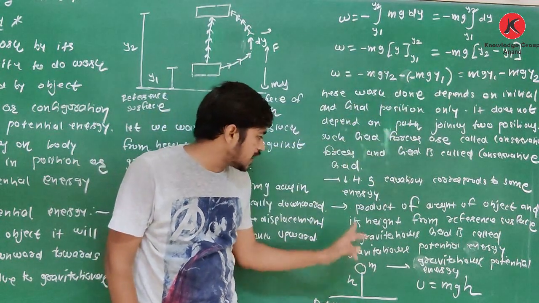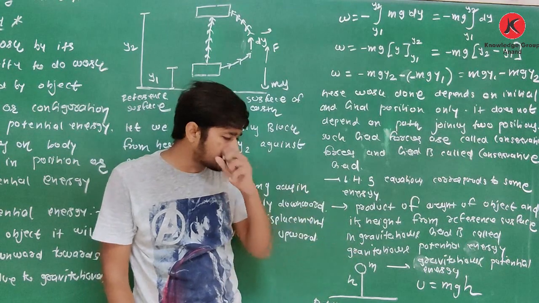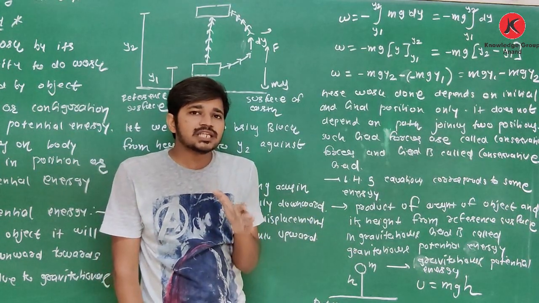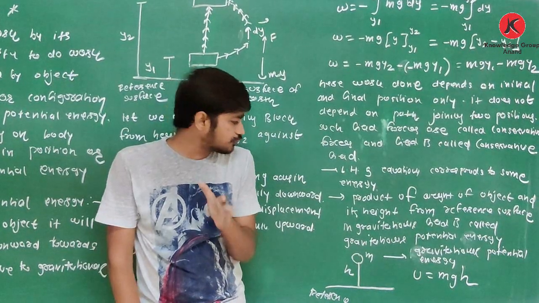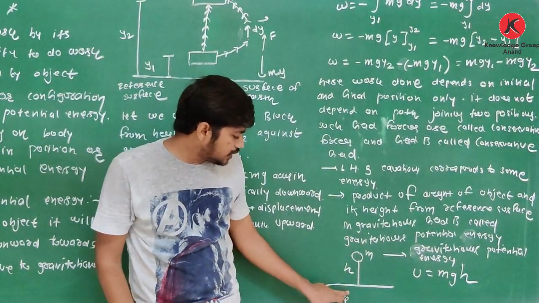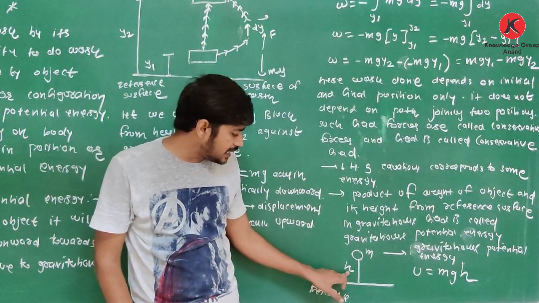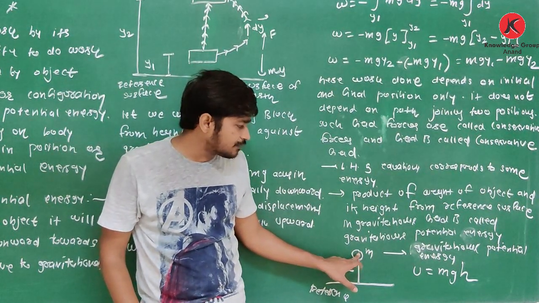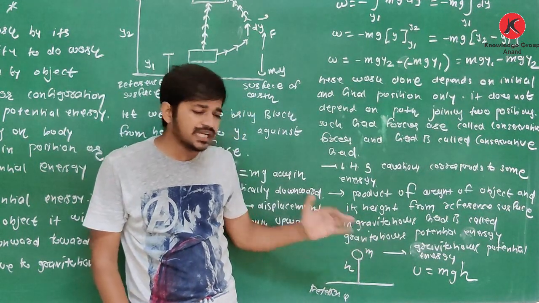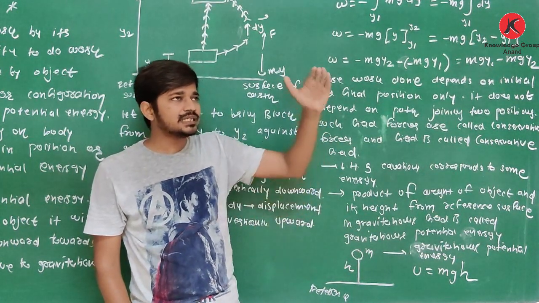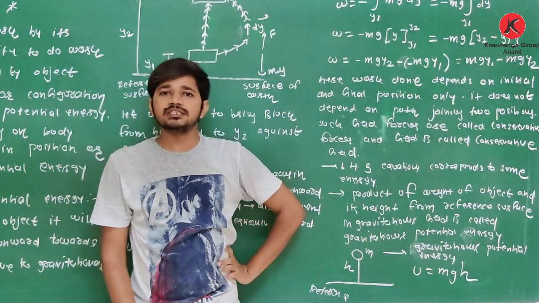And what is potential energy? The product of the weight of the object and its height from the reference surface. In most cases, we will consider the reference surface as the surface of the Earth. So at height h we have one object of mass m. Then gravitational potential energy U is equal to mgh. So if height is increasing, potential energy also increases.